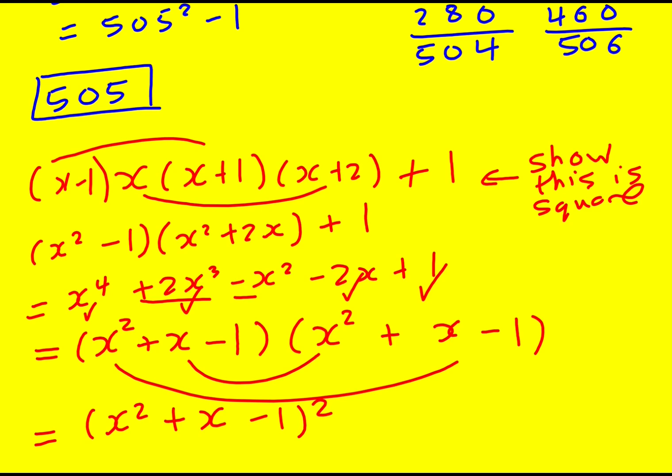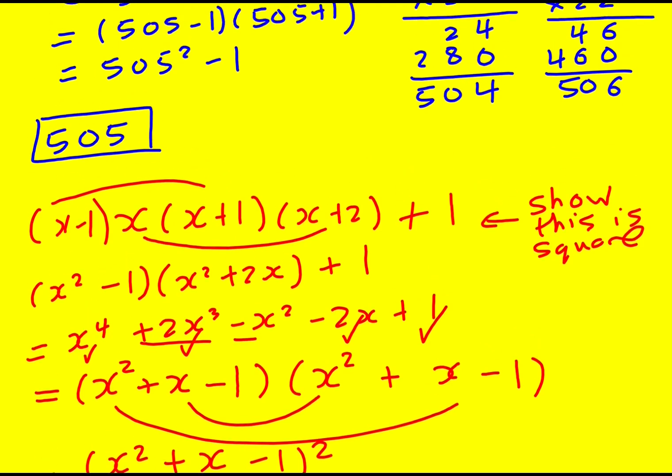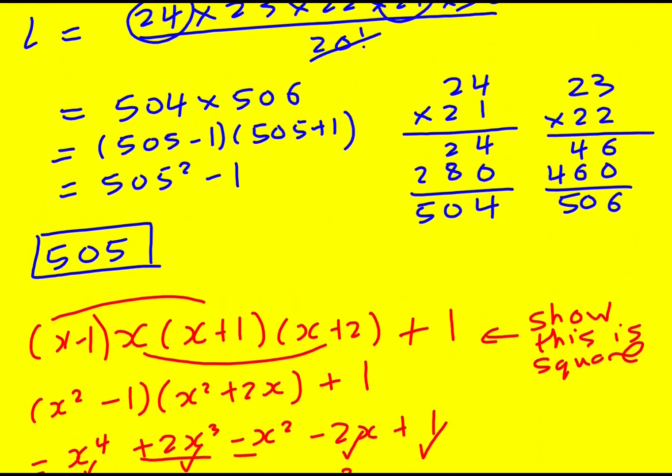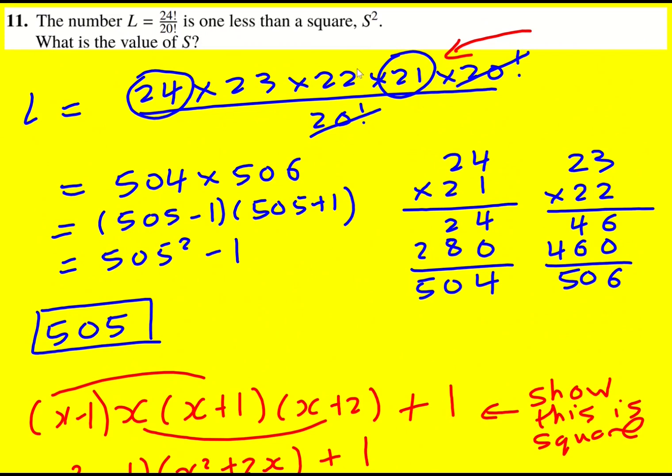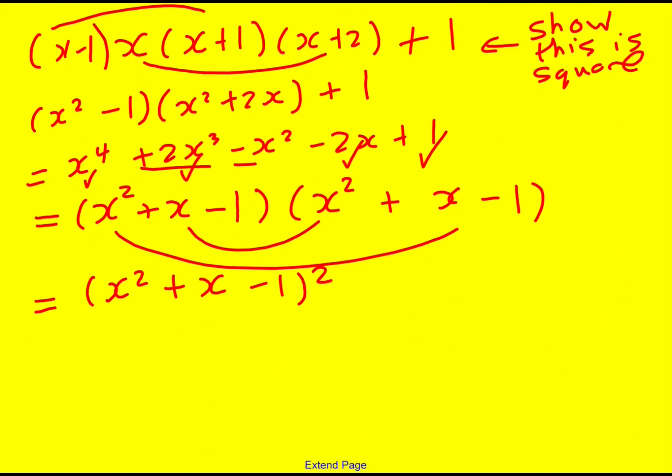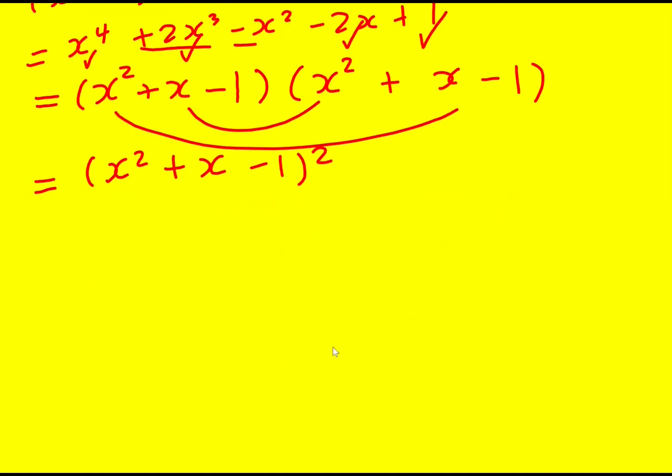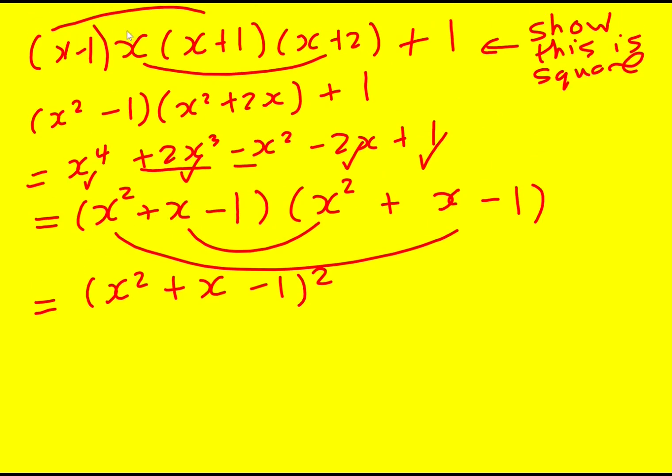We can now apply this in the question if we wanted to. So x was the second smallest, x minus 1 the smallest. So x is going to actually be 22 here. So I can see that I'd have 21 times 22 times 23 times 24 plus 1 is going to be this thing here.